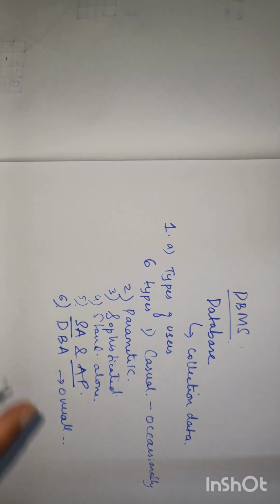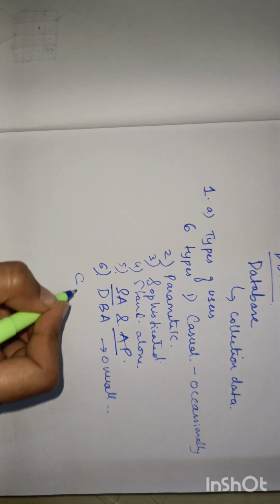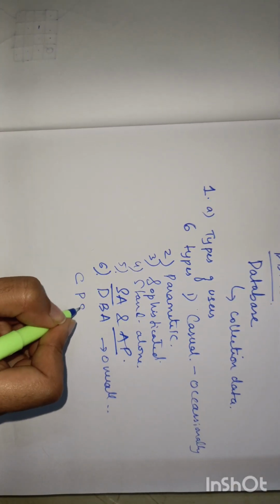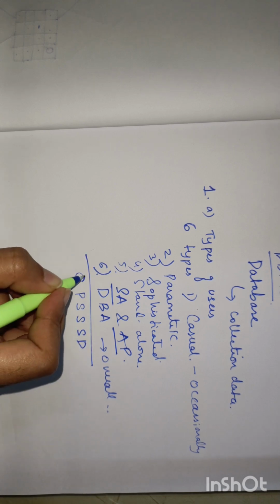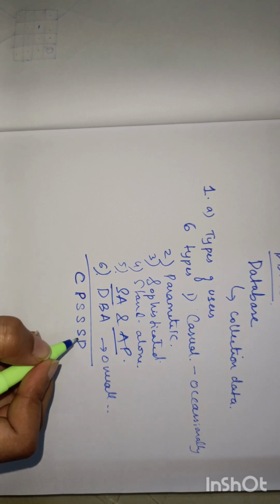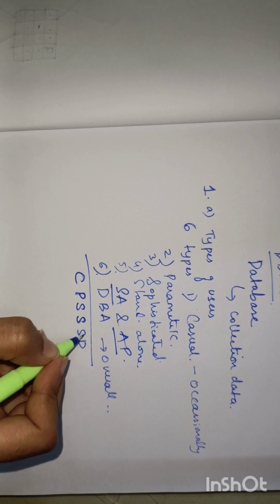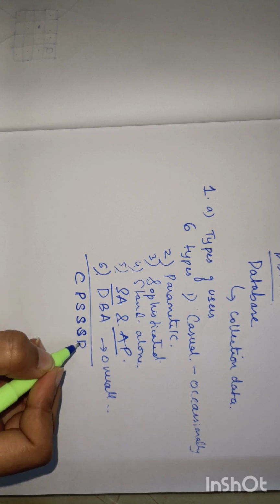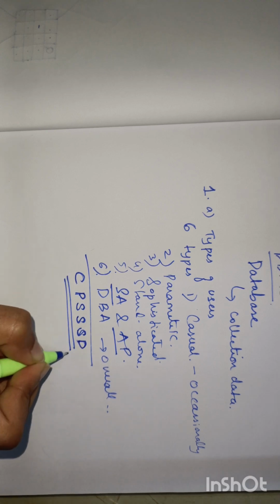So here you can remember this in a shortcut technique, CPSSSD. Casual end users, parametric end users, sophisticated end users, standalone end users, system analysts and application programmers, and database administrators.